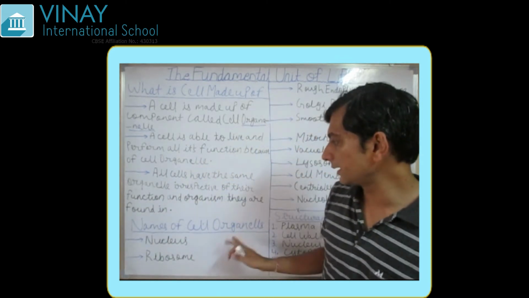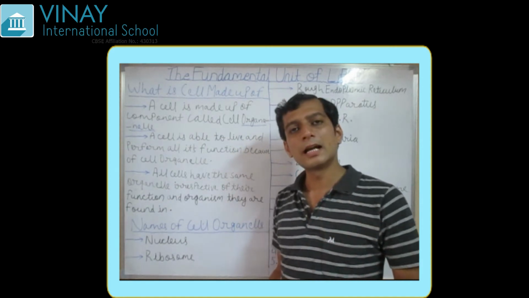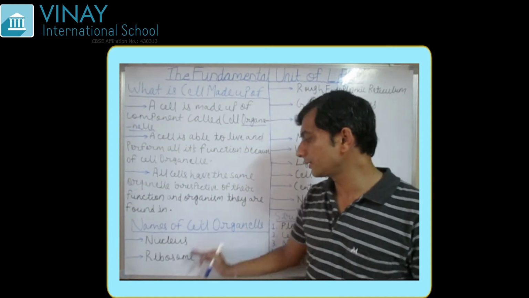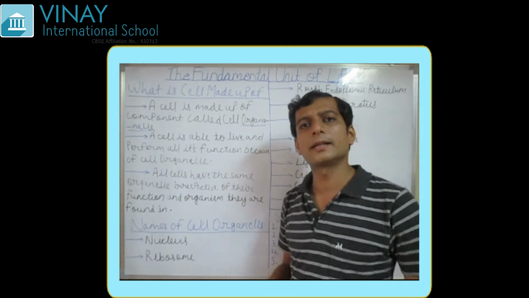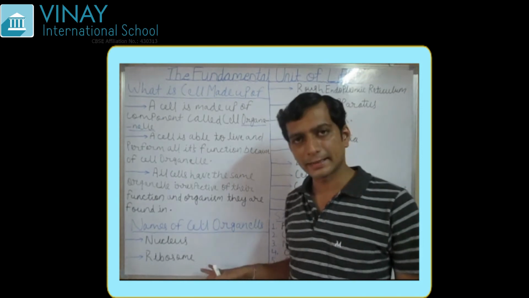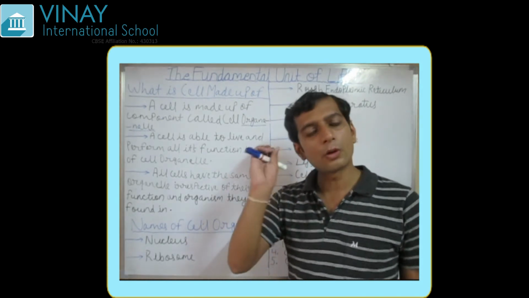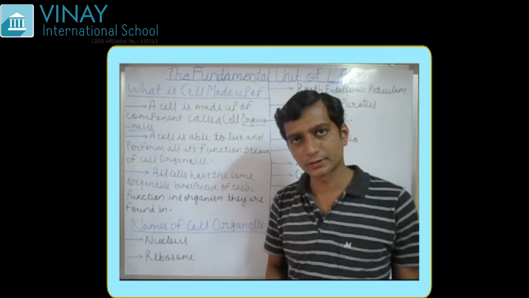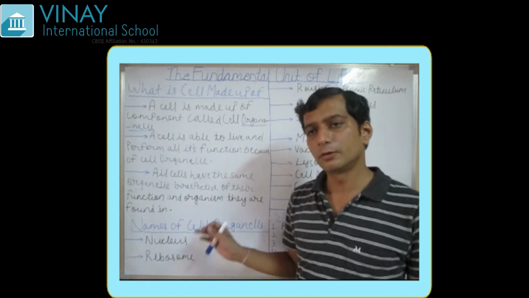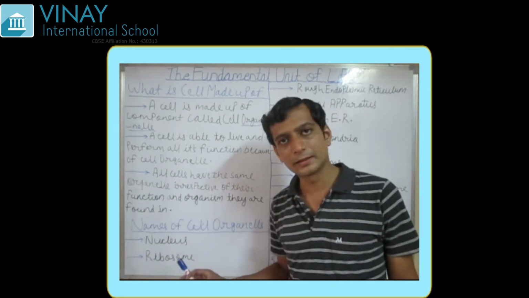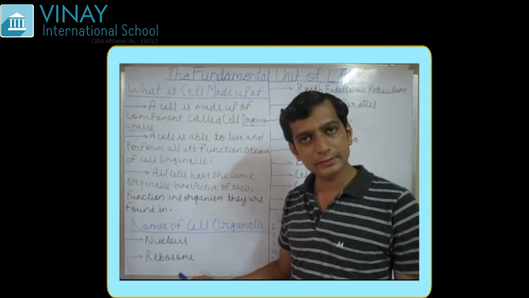Okay. Moving ahead. These are the main organelles. More are there, but according to me, these are the names and functions that you all should know. Let us see the names of all the cell organelles. First is nucleus.